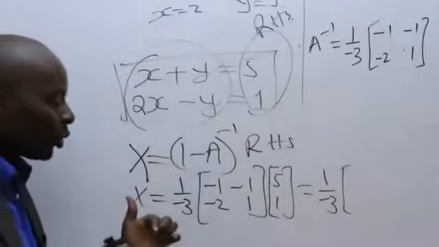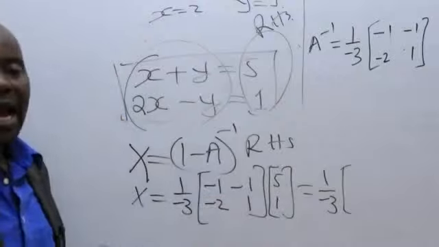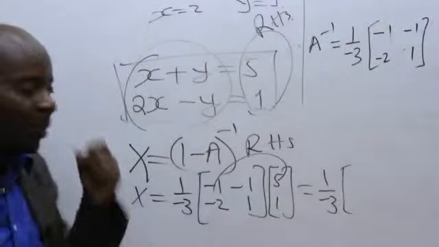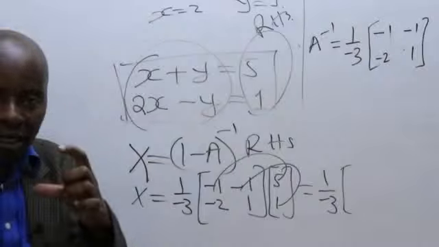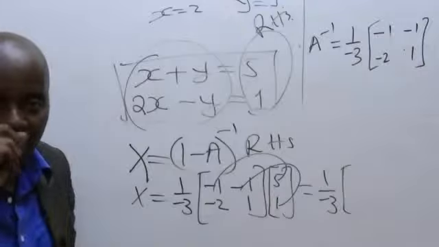How do we do this? The first elements multiplied plus the second elements multiplied, and then you give me one answer, because it should always give us a consolidated one figure.